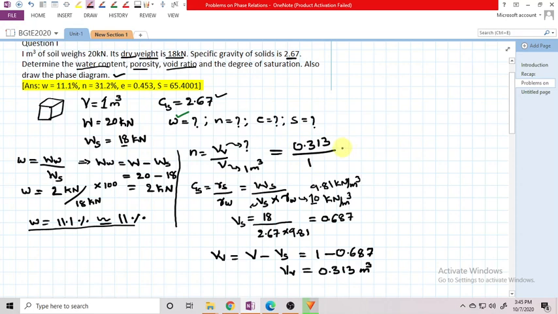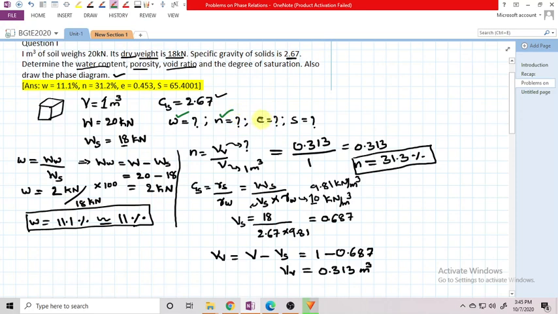If you want to express it in decimal, porosity is 0.313, or in percentage, n equals this multiplied by 100, so 31.3%. So this is the porosity, and this is the water content.